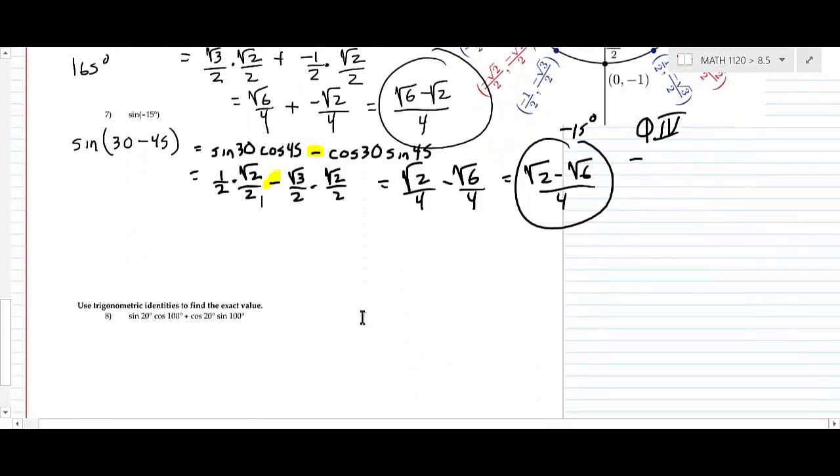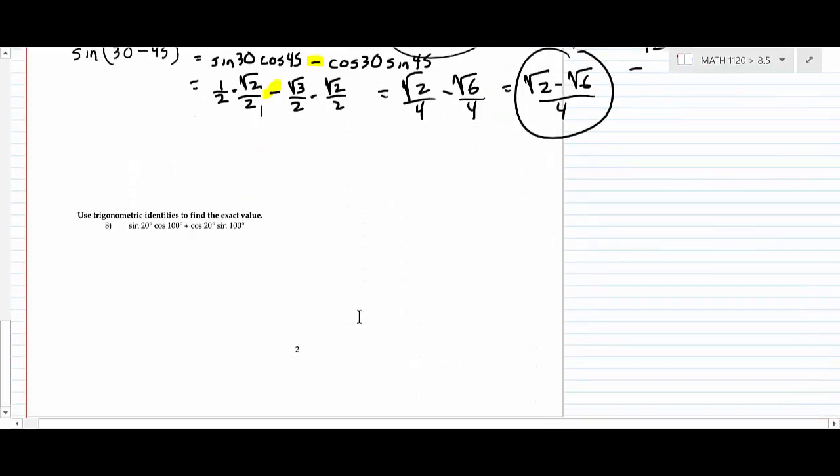Okay. Now, what we're going to do with this is kind of a typical thing we do. If you're going to work out this problem, a lot of times I put this same problem on a test and students panic because they can't use their calculator. Now the sine of 20, you can't do the sine of 20 unless you have a calculator. But this is the right side of the identity.